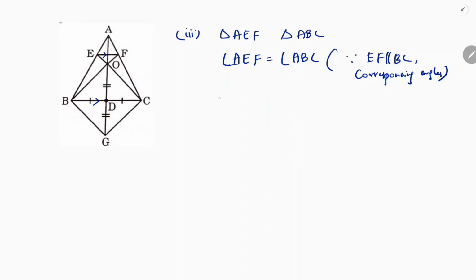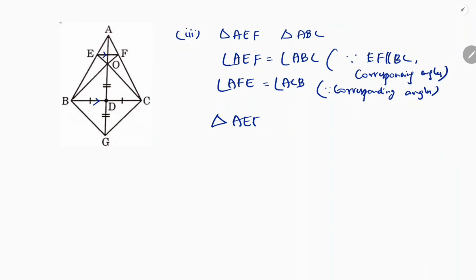In the same way, angle AFE equals angle ACB, same reason, corresponding angles. So triangle AEF is similar to triangle ABC, and the reason is angle similarity.